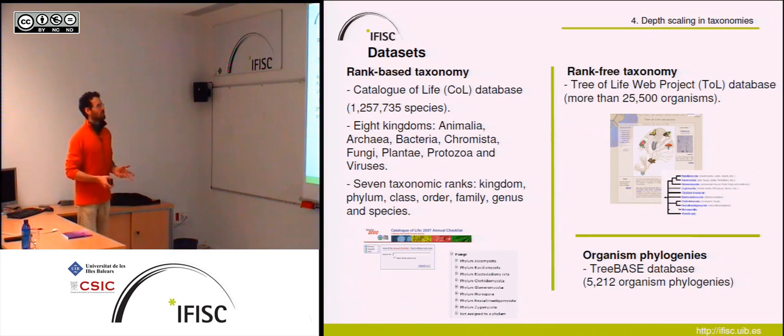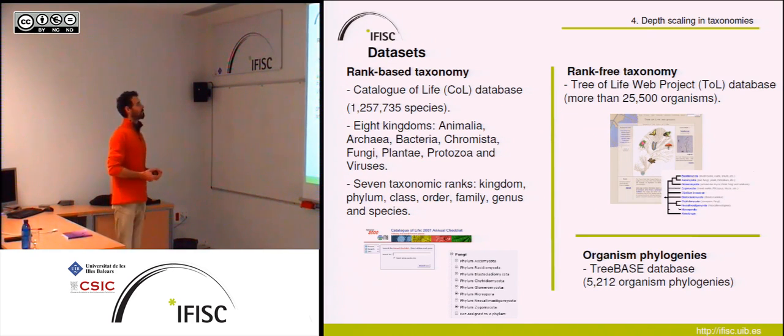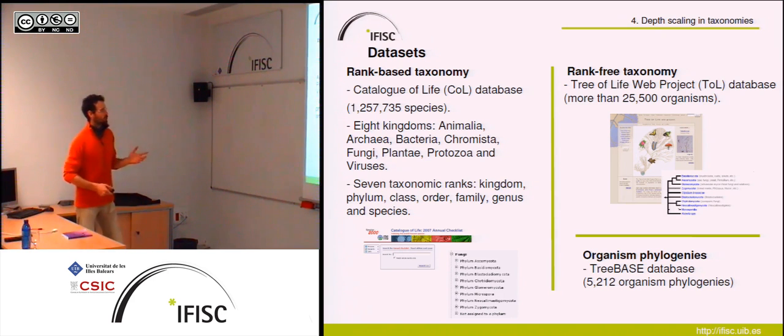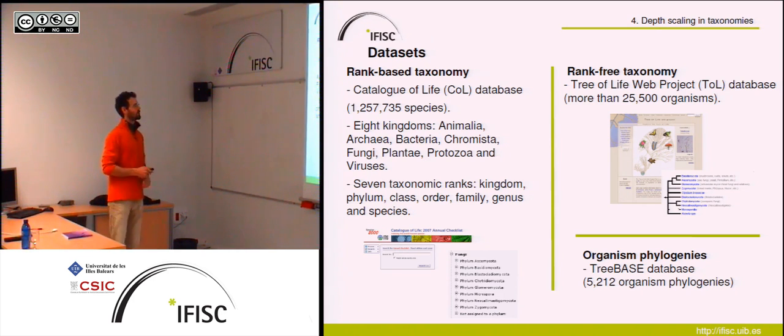For this analysis, we use the taxonomic tree of Catalogue of Life, which includes more than 1 million species from the different kingdoms: Animalia, Archaea, Bacteria, Chromista, Fungi, Plantae, Protozoa, and viruses.